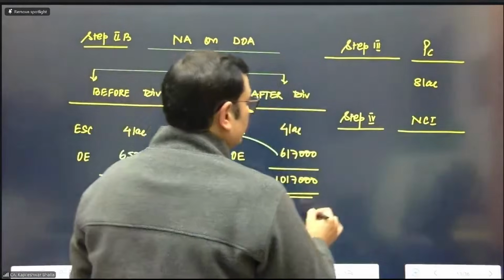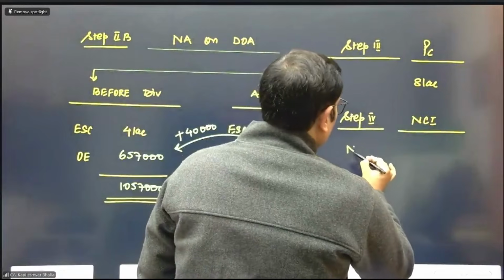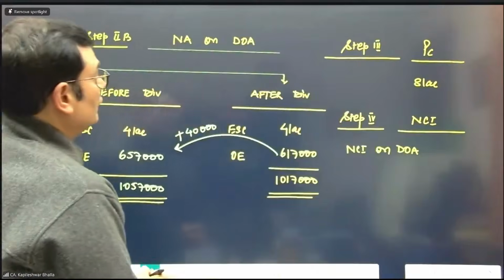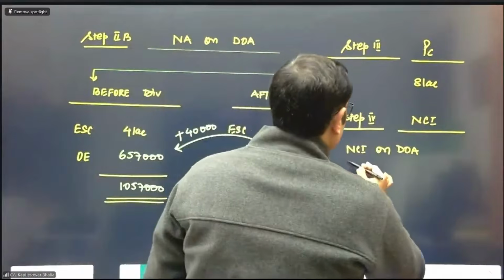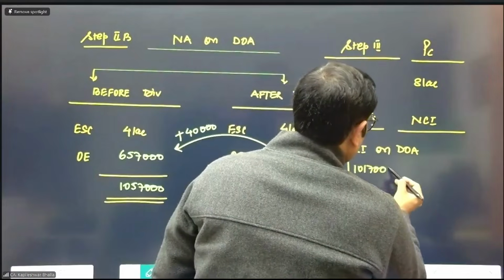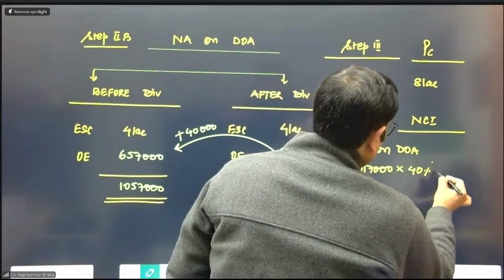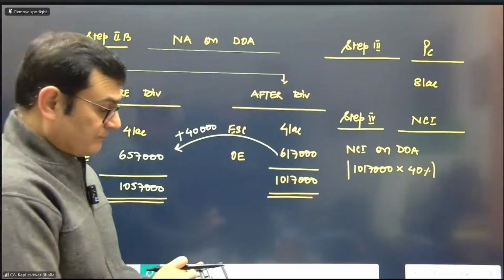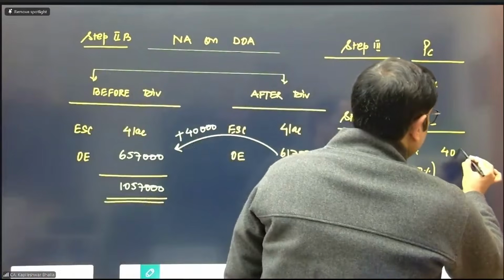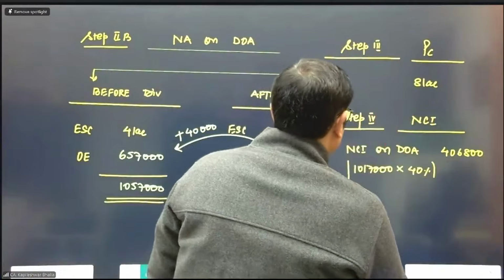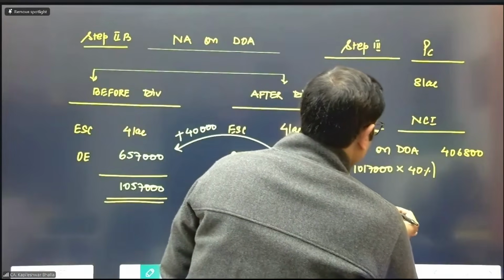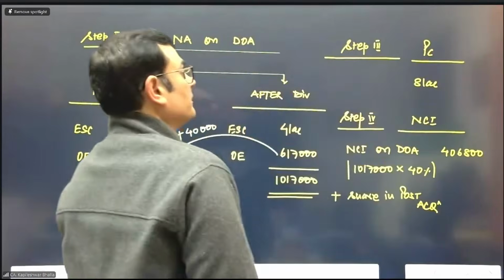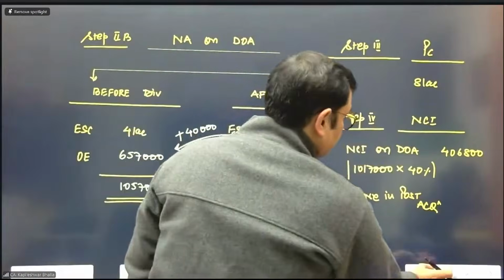So in this particular case, let's consider the NCI on date of acquisition. We are taking Pasna itself. So let's take the figures after dividend. 10 lakh 17,000, and 60% belongs to the parent, so 40% belongs to the NCI. That's 406,800. To this, we add the share in the post-acquisition profits.